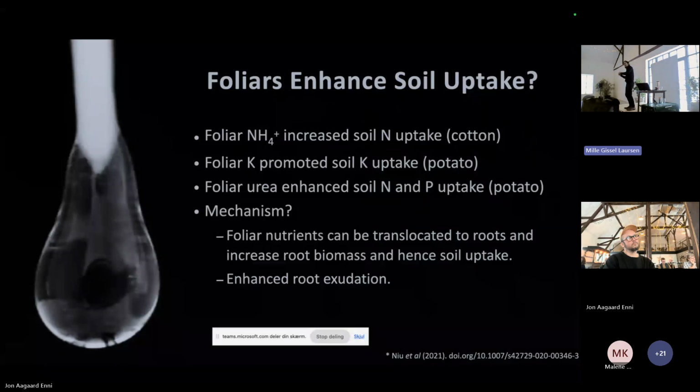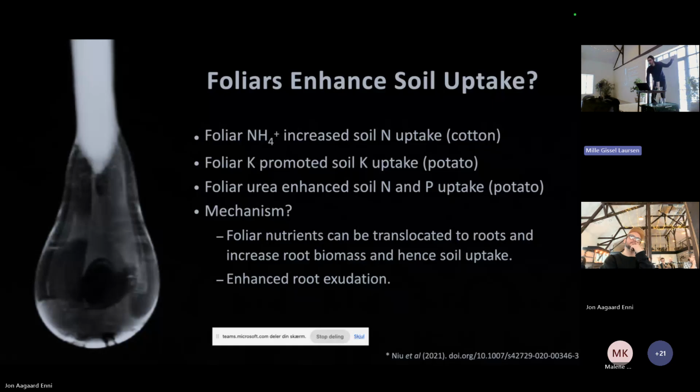You're helping the plant feed itself from the soil through bigger root systems and through more root exudation. And that's actually what you're trying to do. The amount of nutrients that you get back from the soil is way more than the amount that you sprayed on. So we're not trying to feed 100% of the demand. We're just doing targeted, timely, low-dose applications into the leaf to help that plant. That is the mechanism that we're really trying to focus in on.